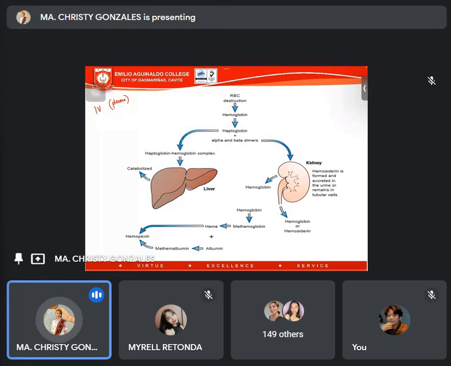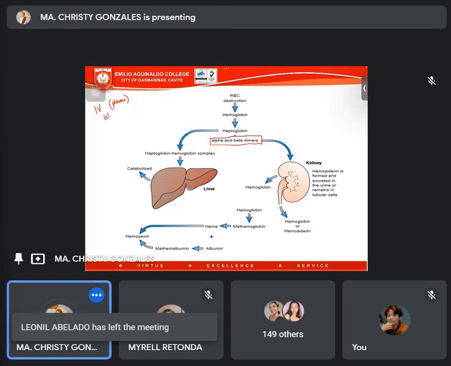But don't worry, it's only 10%. If you're familiar with the alpha and beta dimer, it won't let go of heme. Heme won't be disassembled from the dimers. So all the components, except for the dimers, will be released from your RBC.